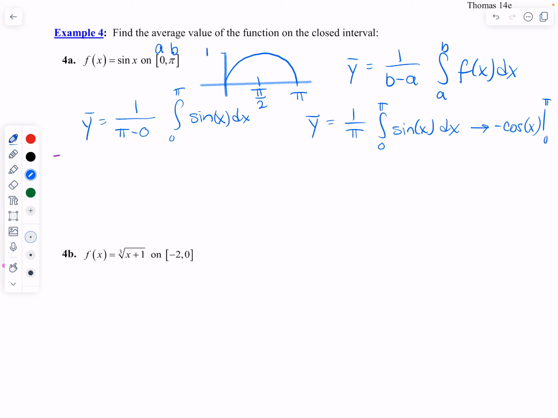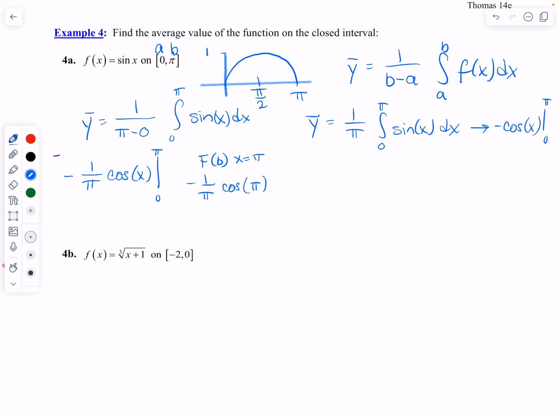Before I go any further, remember that your constant that's hanging out the integration is 1 over pi. So now if I take 1 over pi and multiply it by cosine, I get negative 1 over pi cosine x. Now go ahead and plug in the values. So let's do f at b, where x is pi. So I get negative 1 over pi cosine at pi.